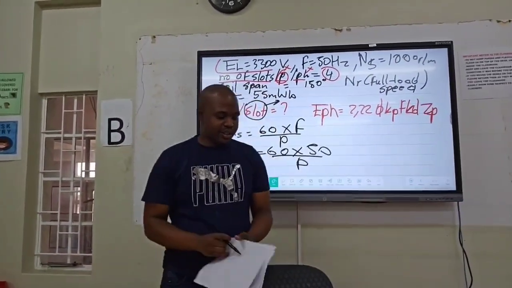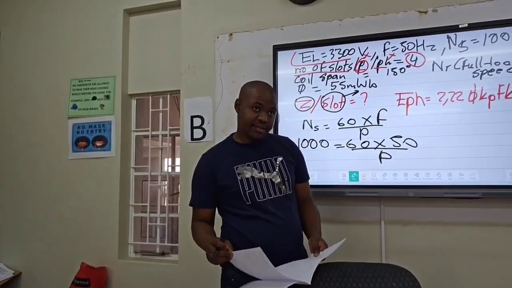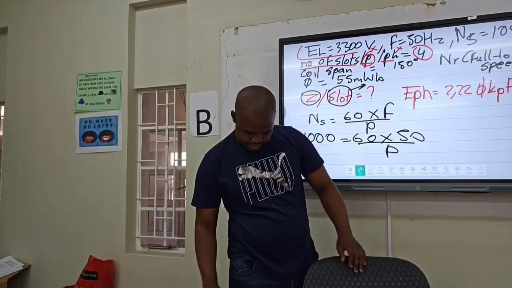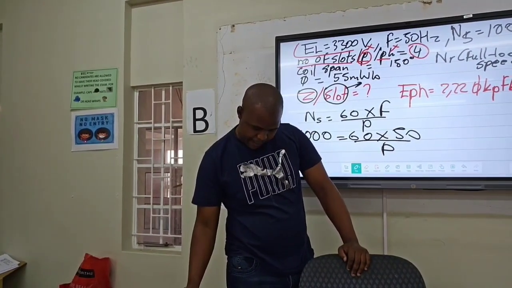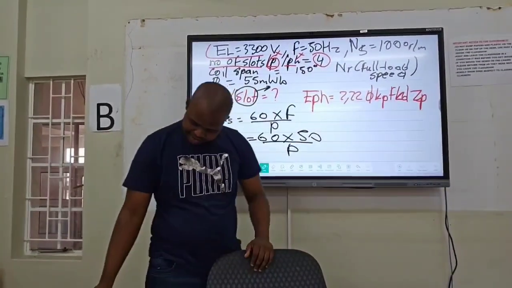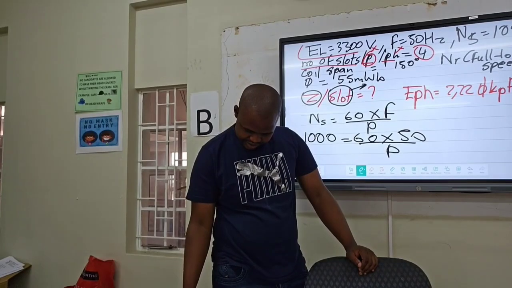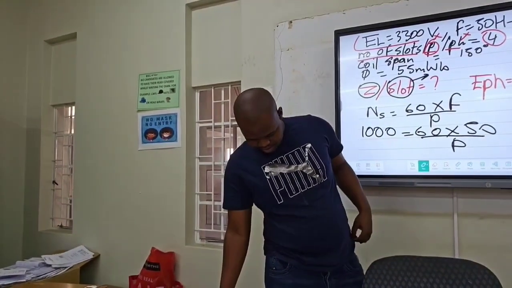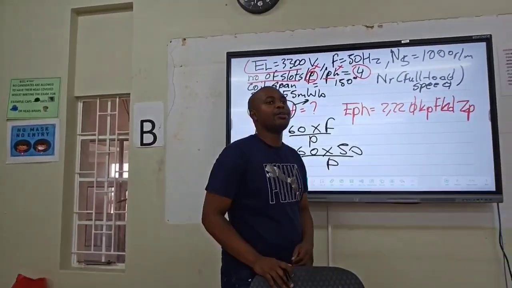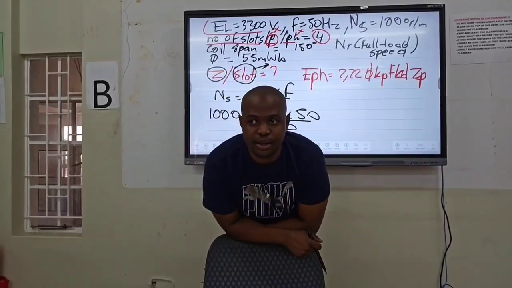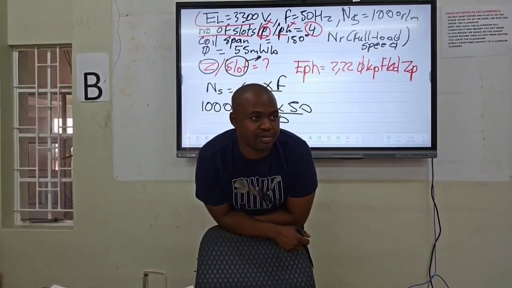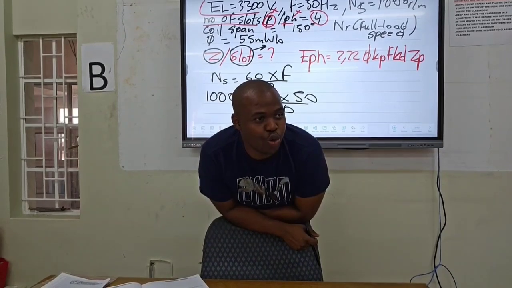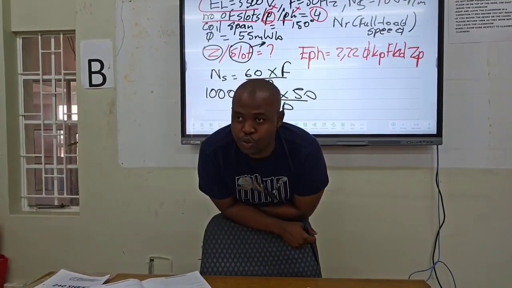The formula must be on the formula sheet. Yes, it is there, but I see there is an error. I see on the sheet they put 2 only, but it should be 2.22, not 2 only.